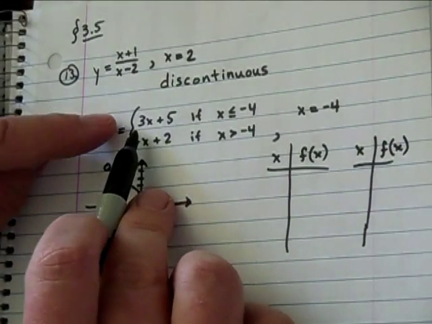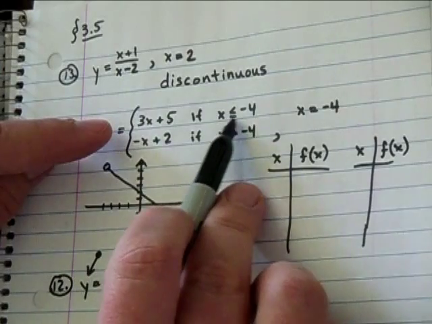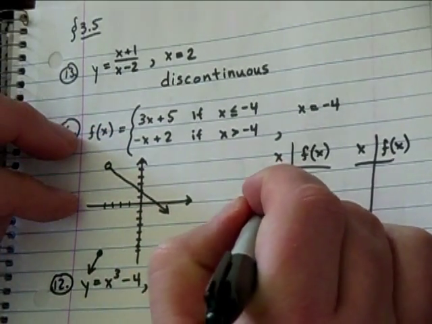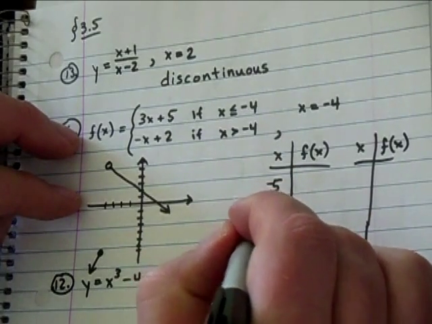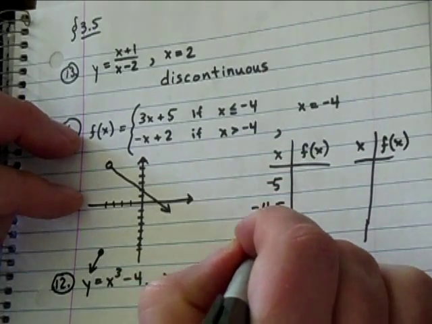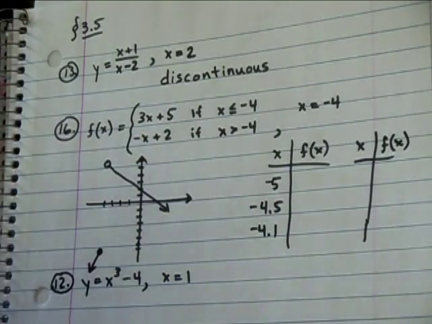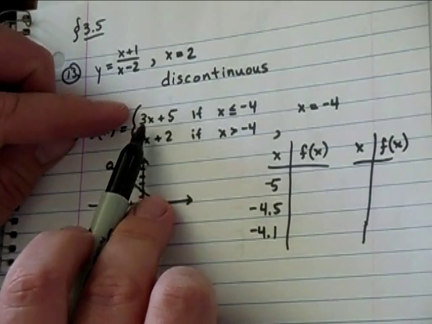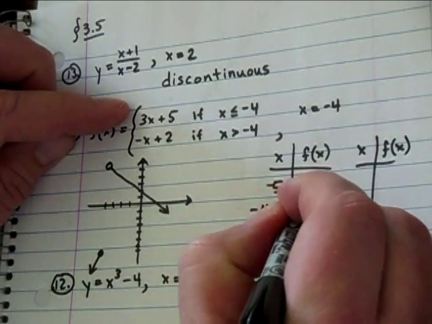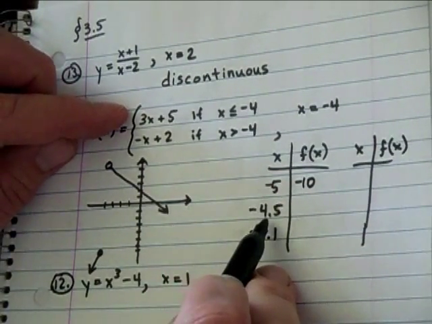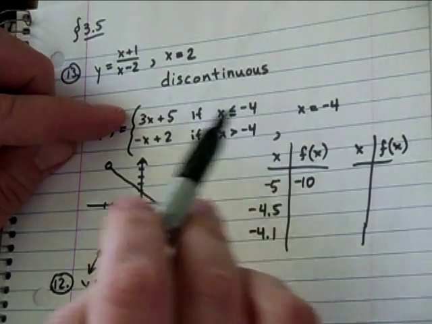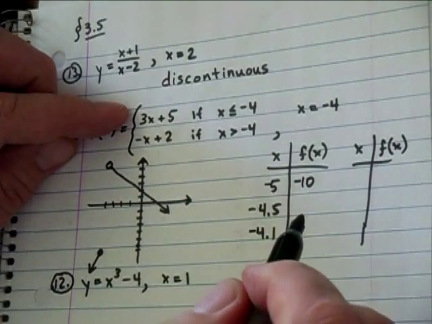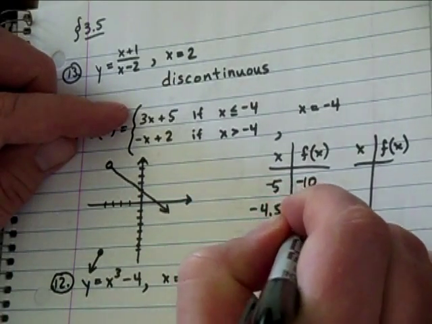So if I'm plugging numbers into the first piece, I have to plug in numbers that are less than -4. So maybe I would do -5 and maybe -4.5 and maybe -4.1 and see what those numbers approach. Well, if I plug in -5, I've got -15 plus 5, which is -10. If I plug in -4.5, then what I would have is -13.5 plus 5, which is -8.5.